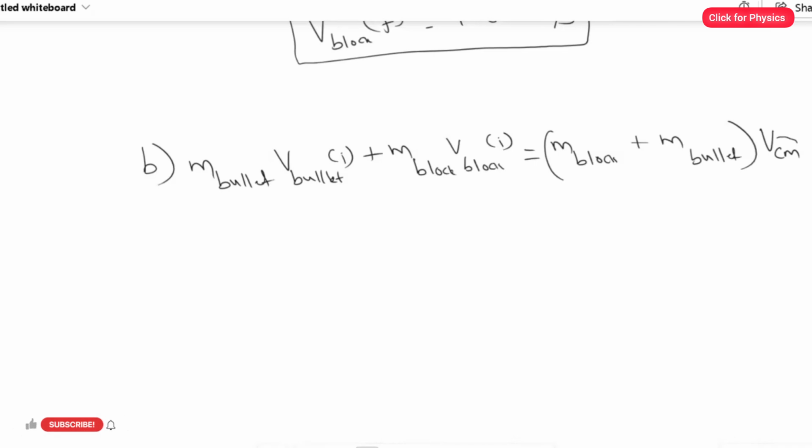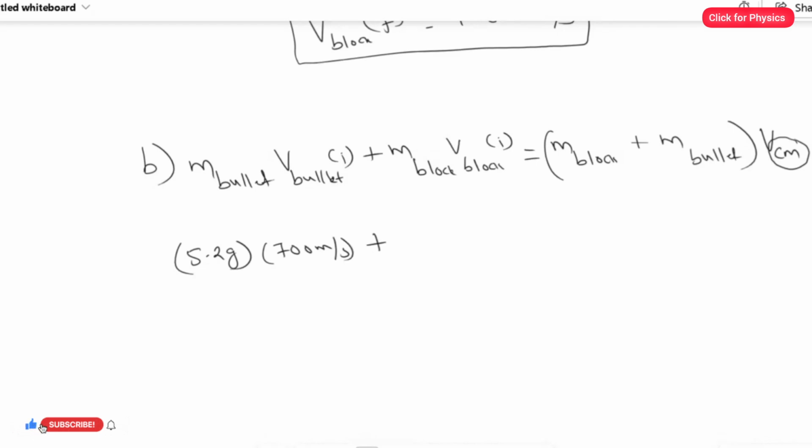This CM stands for center of mass. Don't get confused, because we have to find the center of mass speed for the block bullet system together. That's why I made it common, and we write the equation like this. Now we substitute the values. The mass of the bullet is 5.2 gram and the initial speed of the bullet is 700 meters per second.